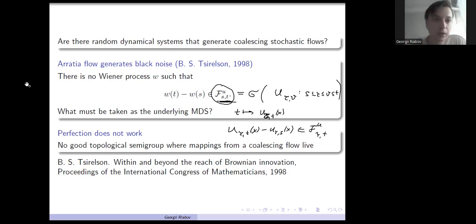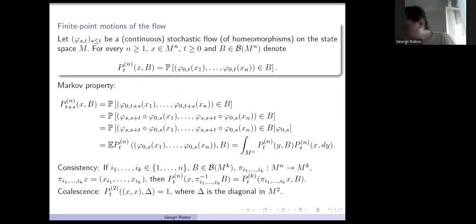Okay, and probably I will stop here for today. The next time we will discuss some general approaches to define stochastic flows that are not defined by stochastic differential equations.